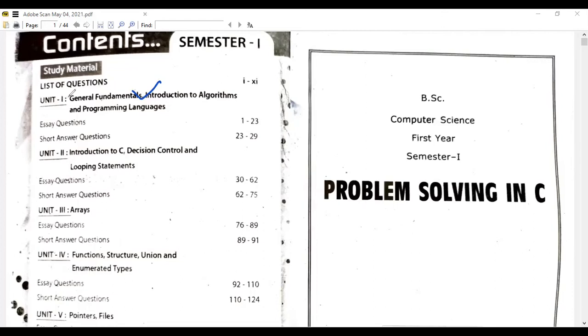In the first unit, today we try to deal with the general fundamentals, and then the second part deals with introduction to algorithms and programming languages. As we have shorter times, we try to deal with the queries.